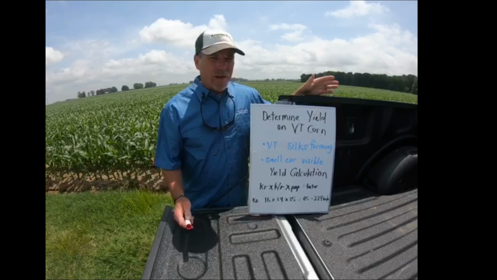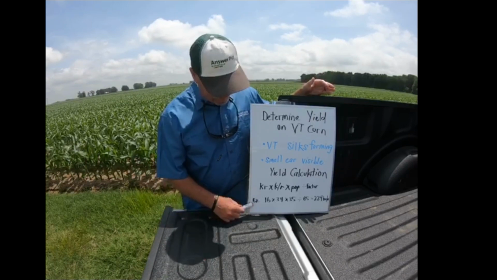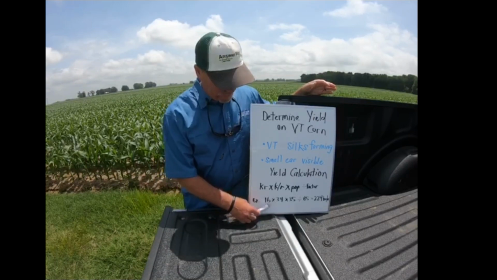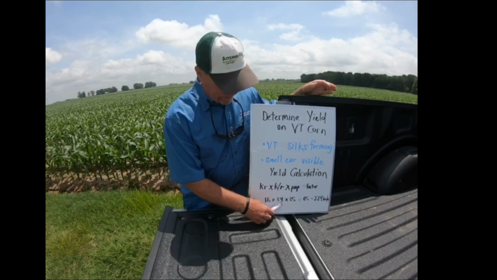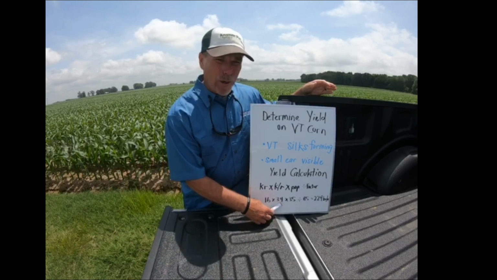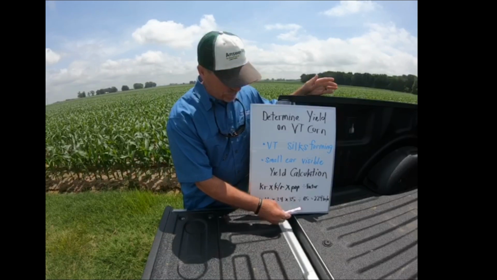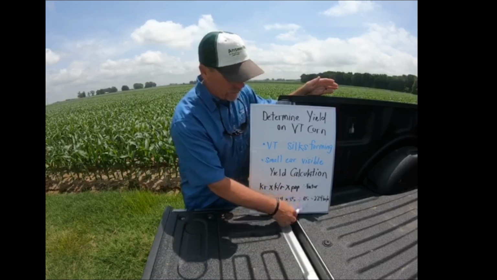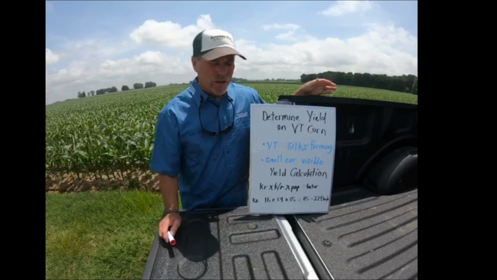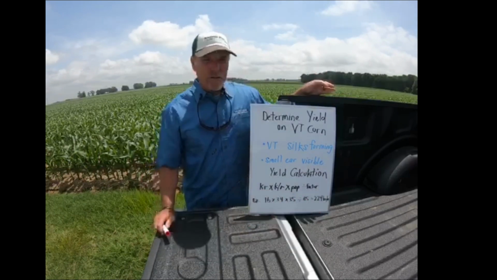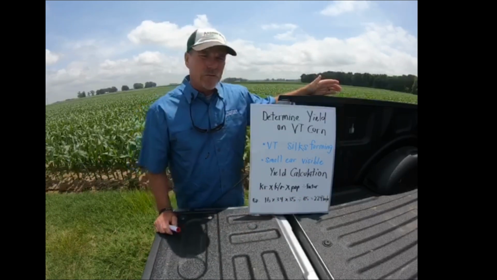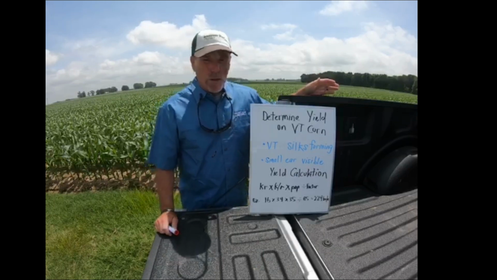In this example, we've got 16 rows, 34 kernels per row, and a population of 35,000. We divide by 35, and the factor I used in this example is 85. That gives us a yield potential of 224 bushels per acre.